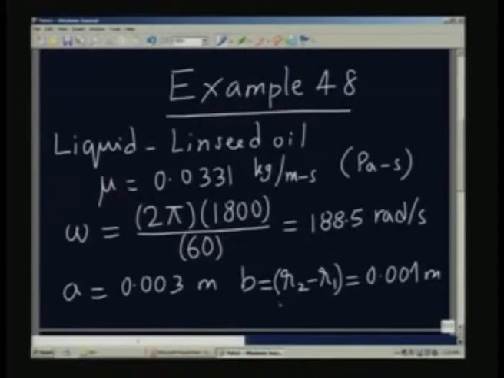So, this is 0.038 minus 0.037, equal to that quantity, and the length of the apparatus is given as 100 millimeters or 0.1 meter.